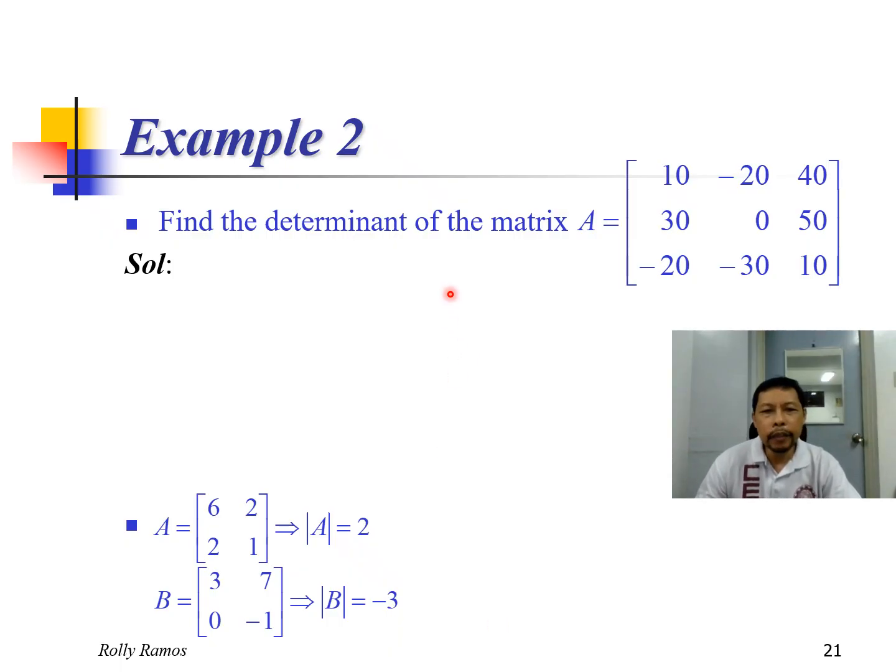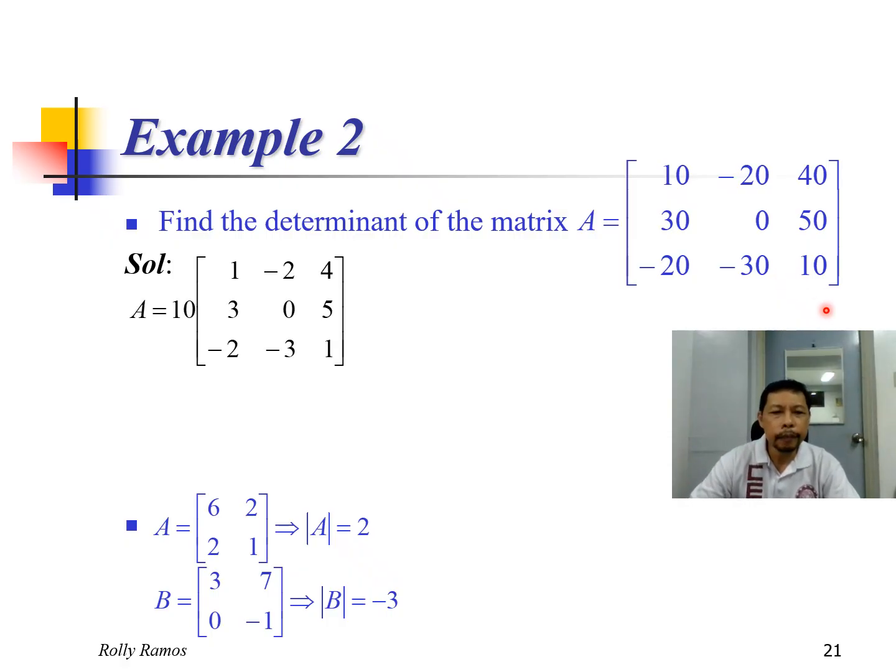Example, find the determinant of the matrix A. So A is a 3 by 3 matrix. We could factor out common factors from row 1. Okay, 10 is a common factor, so factoring out 10 will give us this new matrix. 10 times 1, negative 2, 4, 3, 0, 5, negative 2, negative 3, and 1.